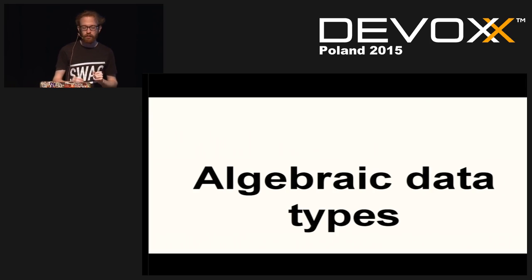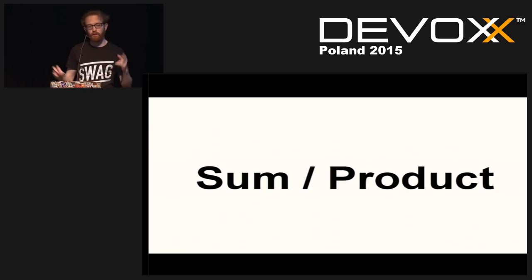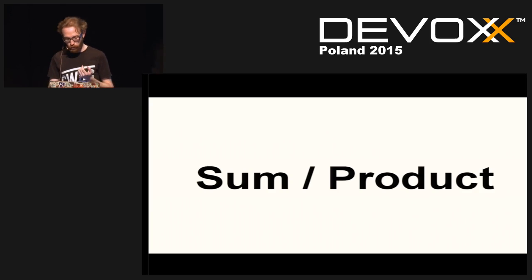These are called algebraic data types. Again, a scary word, but it's not that complicated. They're called algebraic because you can think of algebraic data types, which I will call ADTs from now on, as either a sum type or a product type.